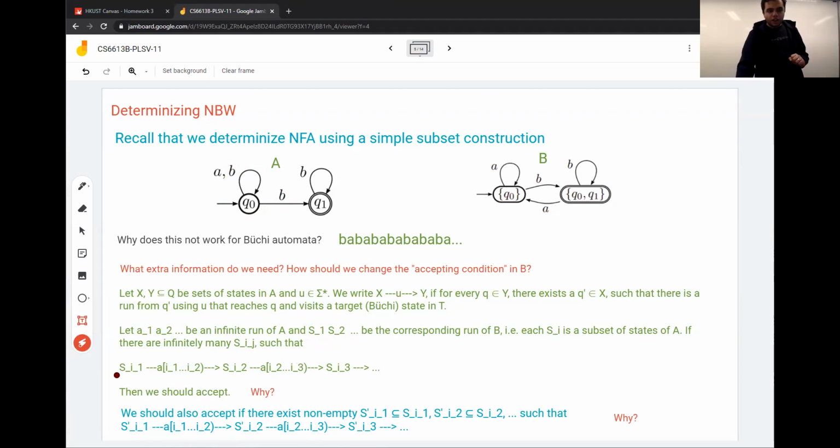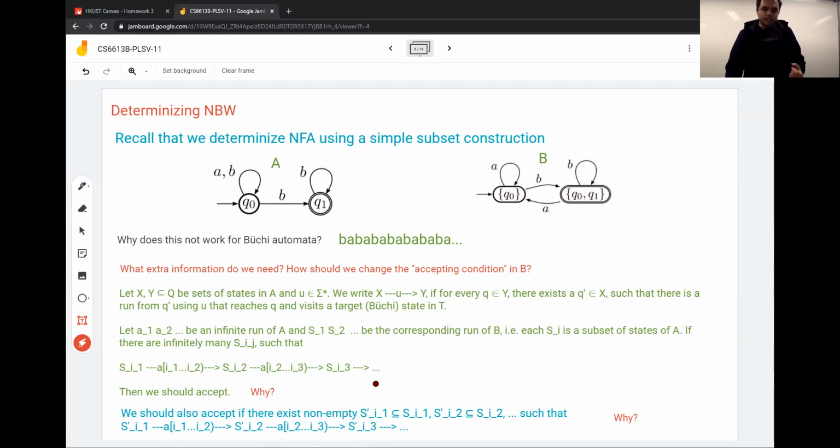And they actually cover each other using the words that appear in the indices between them. So Si1 covers Si2 using the word between indices I1 and I2. Si2 covers Si3 using the word between indices I2 and I3, and so on.